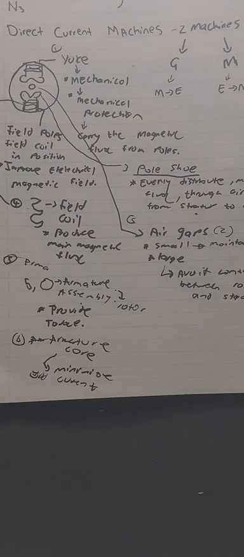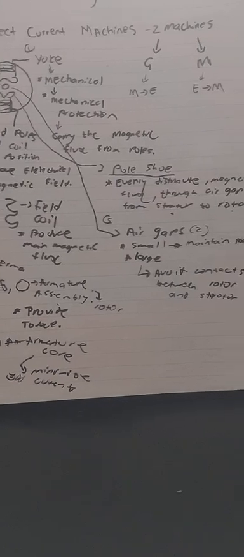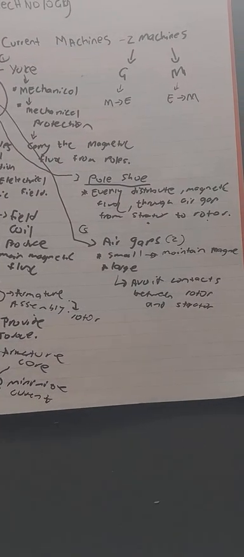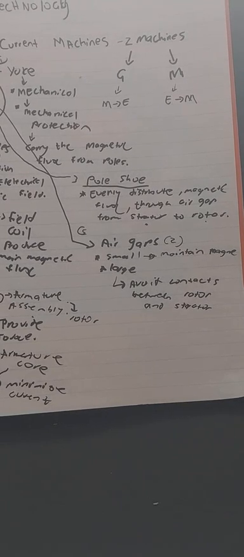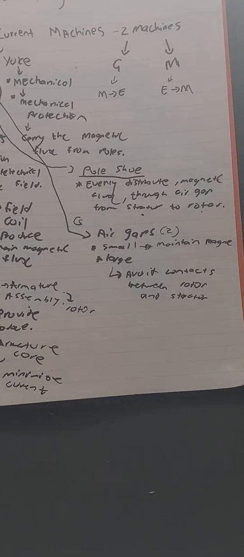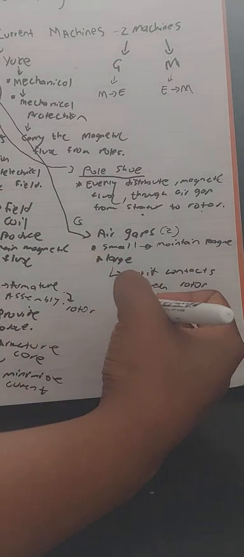And then there again we have armature winding, number 7. We can call them windings or we can call them conductors.